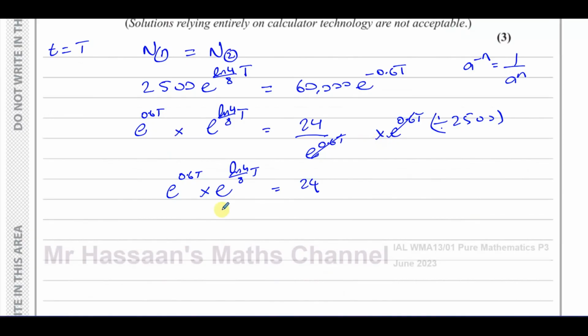Now, when you multiply two numbers in index form with the same base, a to the power of m times a to the power of n, you add the powers. So here we have the same base e, so we can add the powers. So this will be e to the power of 0.6T plus (ln 4 over 8)T, and that's equal to 24.